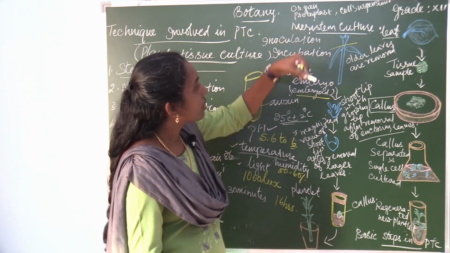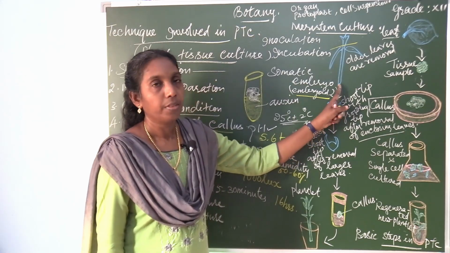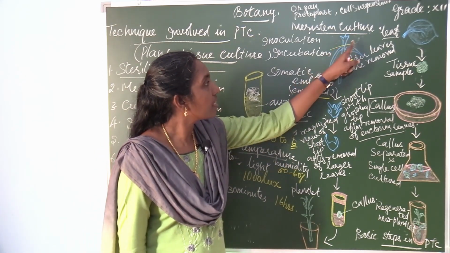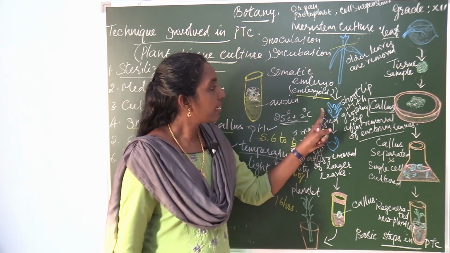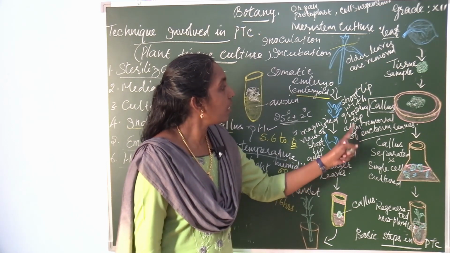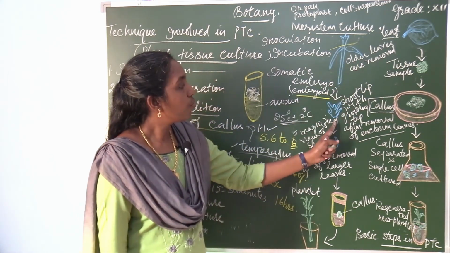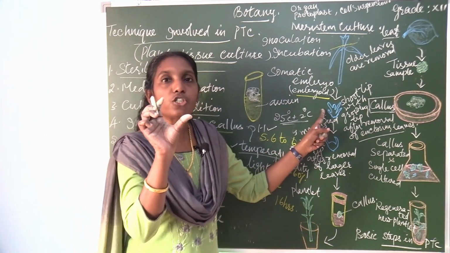By cutting, the older leaves are removed from this shoot, and only this part is selected for culturing. This is the shoot tip. They select the shoot tip with the growing tip after removing the enclosing leaves.